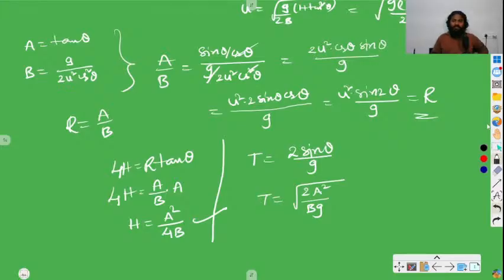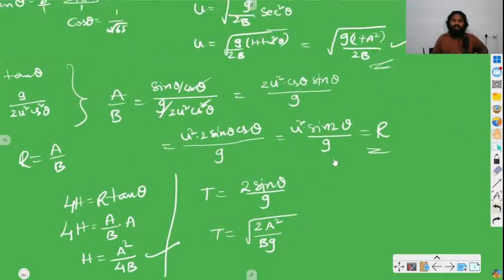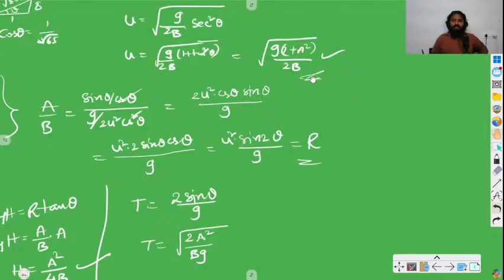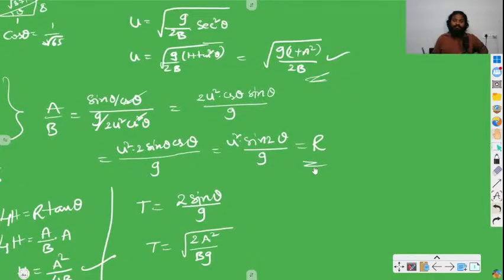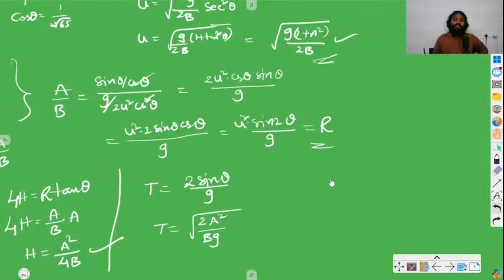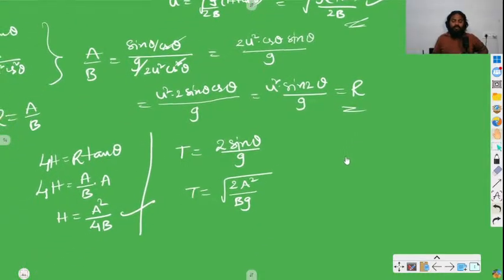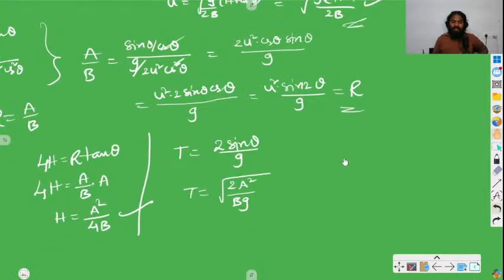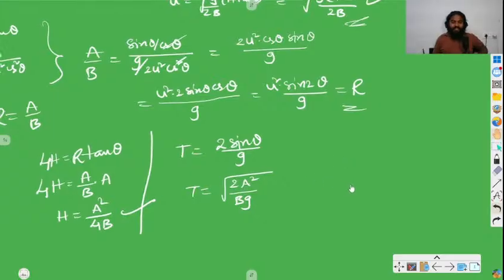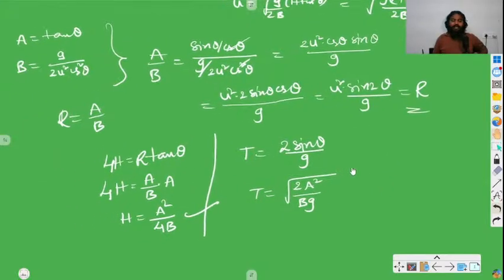So likewise, if you try, you will get the time of flight is equal to root of 2a square by bg. Clear? And next, this is about the trajectory equation, and they will ask you questions on this topic.